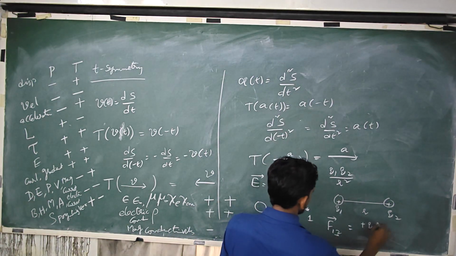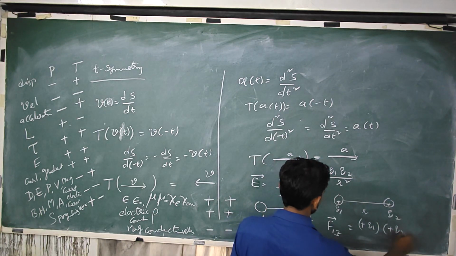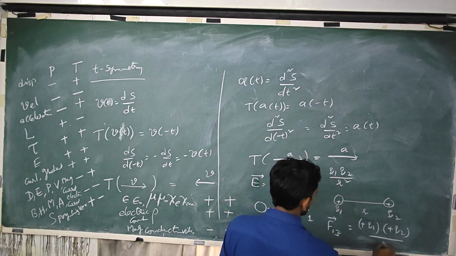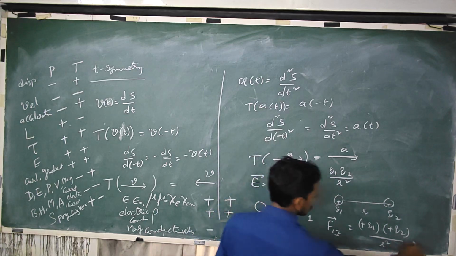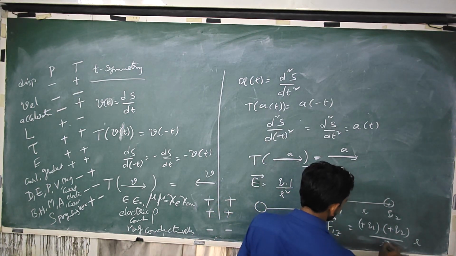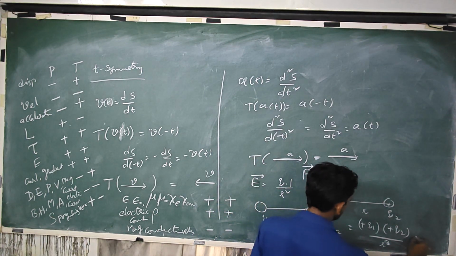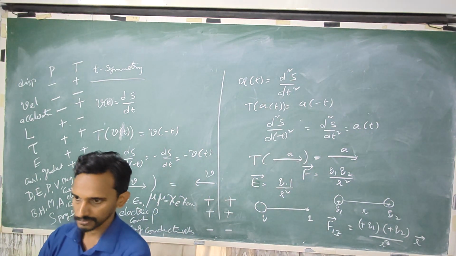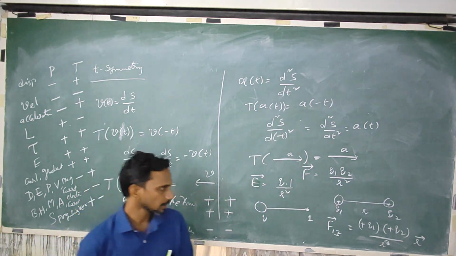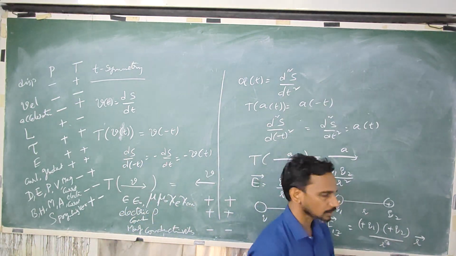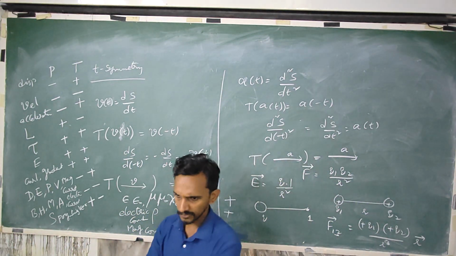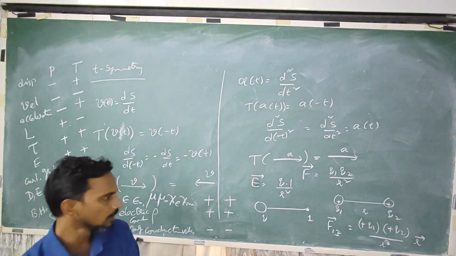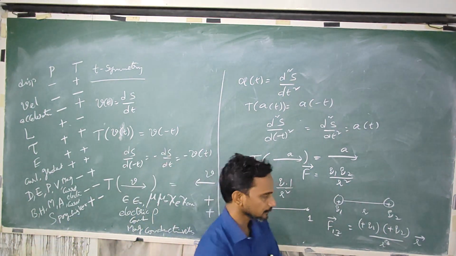So since the charges are positive, plus Q1 multiplied by plus Q2 by R square, and for that purpose I am keeping R cube and a vector R. So I am taking a magnitude R cube and the vector R. That is the radial vector connecting first particle to second particle.